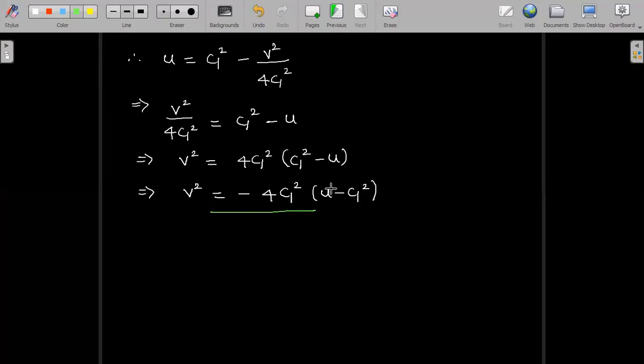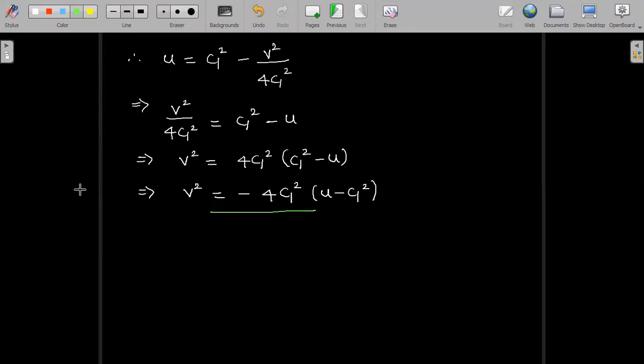It is of the form y square is equal to 4ax, or of the form y minus 0 the whole square is equal to 4a into x minus a. So it is representing a parabola in the w plane, symmetrical about the x axis, the real axis, that is the u axis, with its vertex at C1 square comma 0 and focus at the origin.